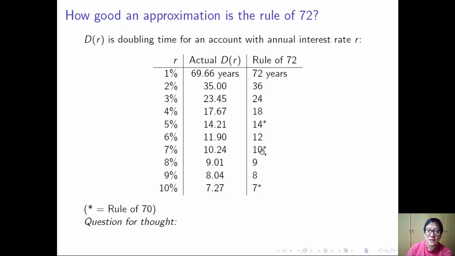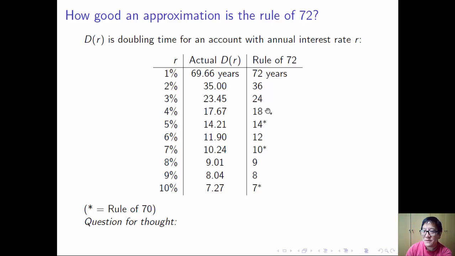So here's a thought question. You may notice the strange thing that even though the actual numerator for that fraction was 69 plus some other stuff, and 72 is farther away from 69, if you look at what happens down here as r increases, we actually seem to get a better approximation with 72, which is farther away from 0.69, or from 69, than we do with 70.